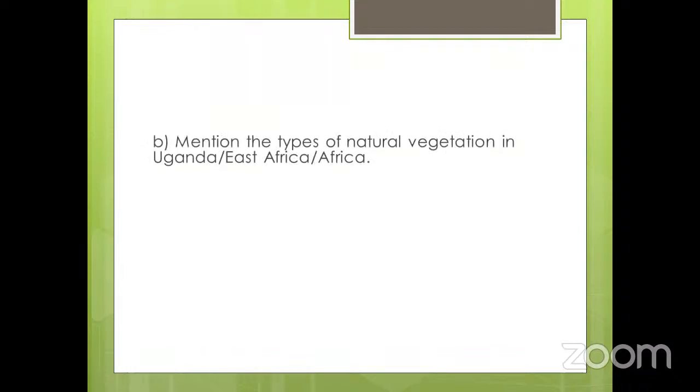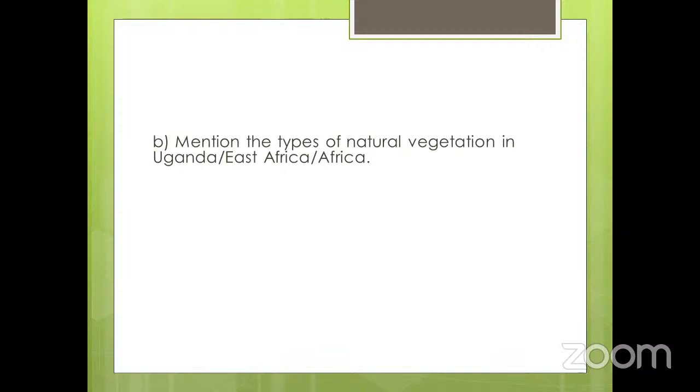The next question is there. Ruth, can you help us read the next question? Mention the types of natural vegetation in Uganda or East Africa or Africa.